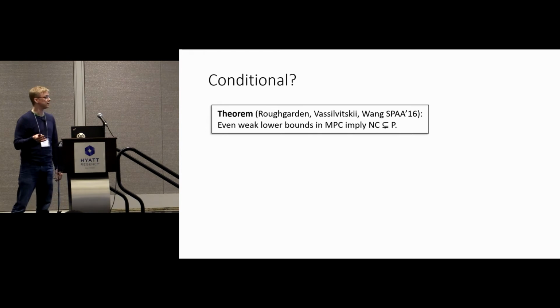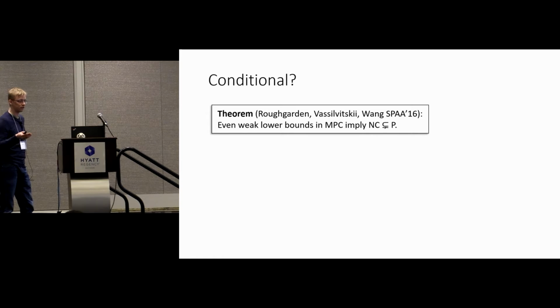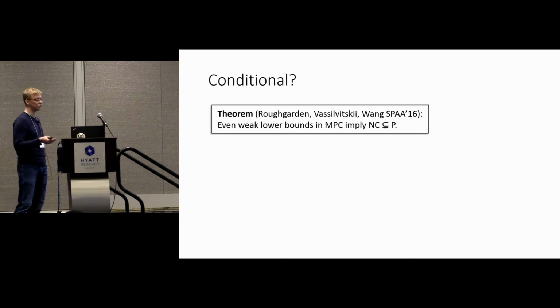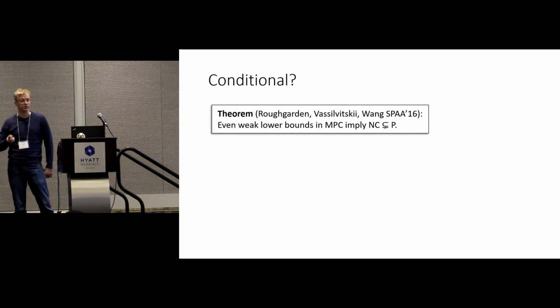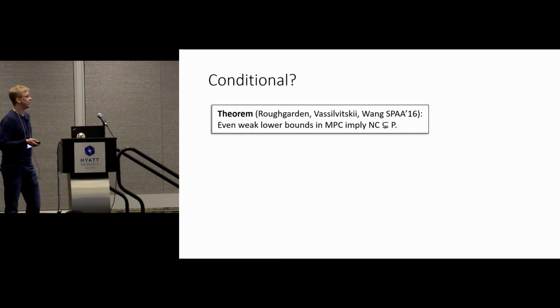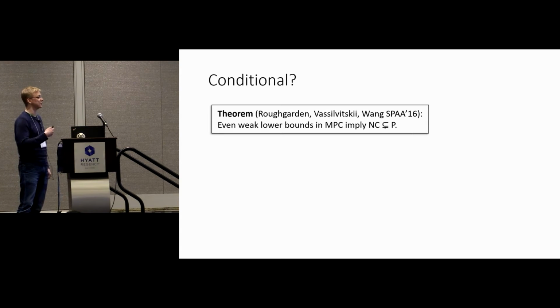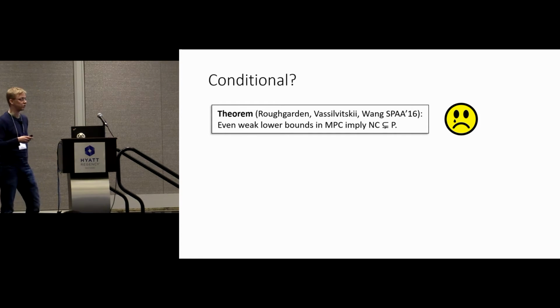And I claim that we have a reasonable reason to do this conditional workaround, which is that essentially, if we could come up with any sort of meaningful lower bounds for this MPC model, we would get some very strong results in circuit complexity. And maybe this is not a reason not to try at all, but I suppose that people might believe that it's at least a good excuse to go more modest to begin with. So let's just assume that we shouldn't try to do unconditional lower bounds for now.